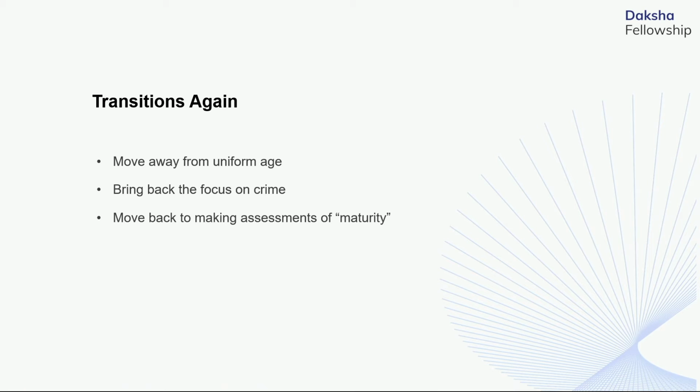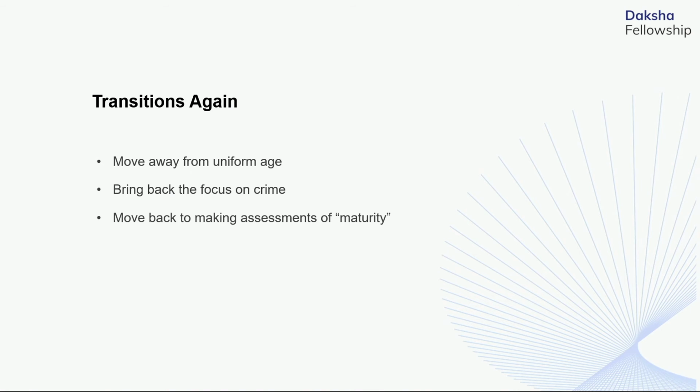The second transition is we seem to have brought the focus back on the crime. Earlier it did not matter what the offense was; irrespective of the offense, all of them were to be tried before the Juvenile Justice Board. But now we've put crime back into the picture. If it's a heinous offense, it's a different treatment. And more importantly, you see this going back into assessment of maturity.